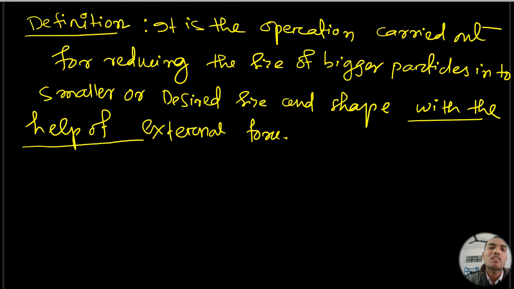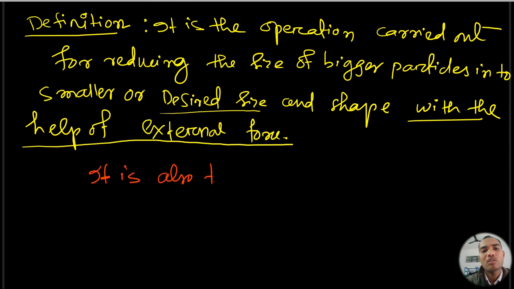With the help of external force, if we bring a bigger size material into a smaller size or our desired size, that we can call size reduction. It is also termed as comminution.